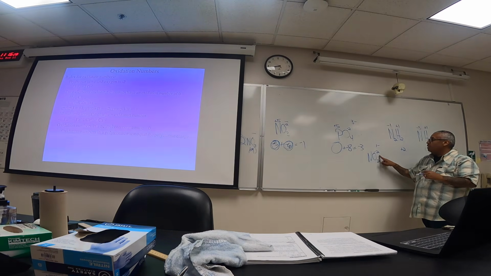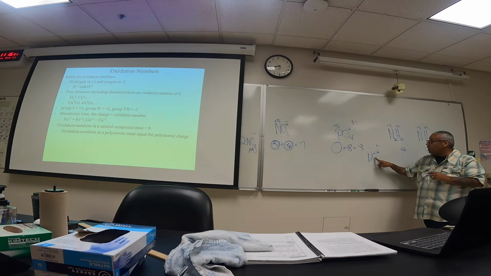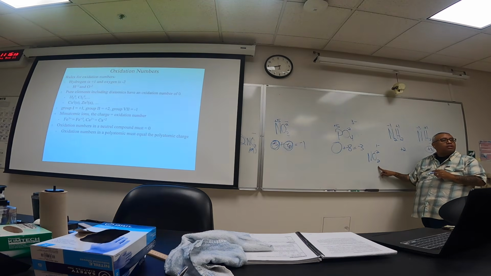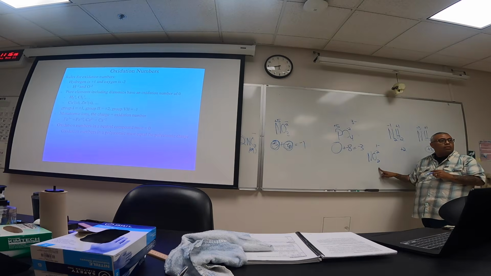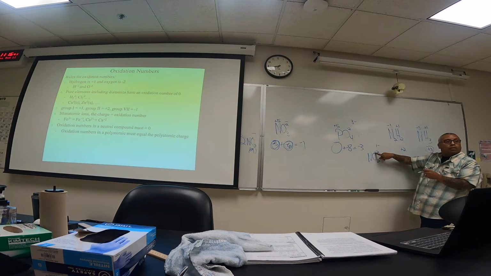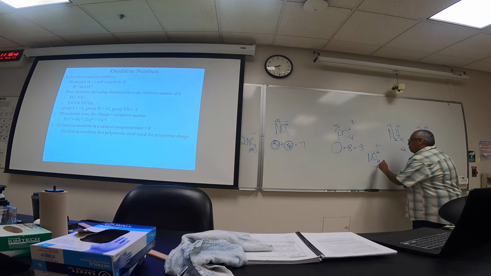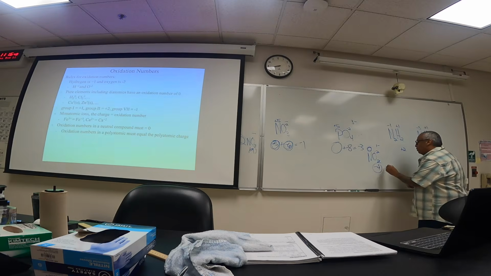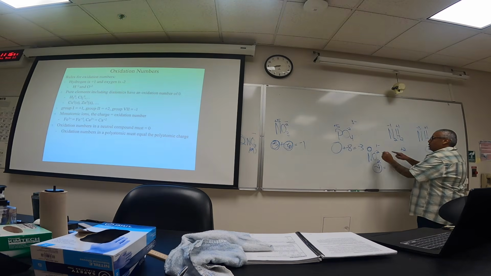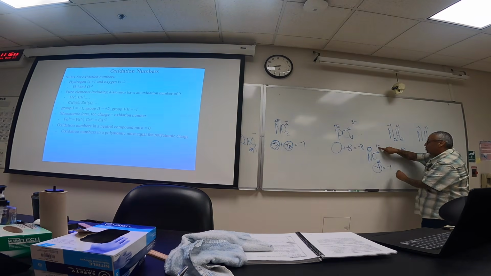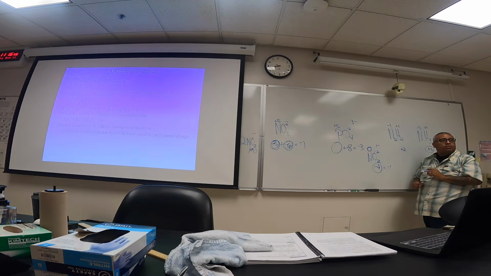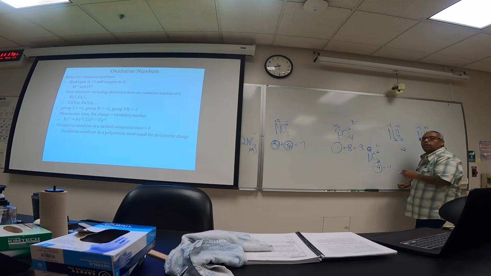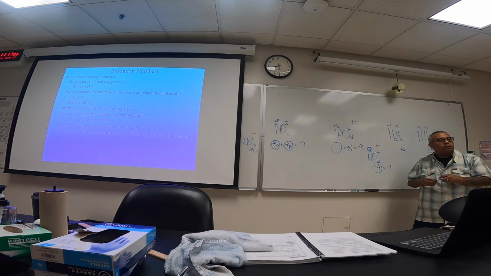If we know the oxidation number for oxygen is -2, and there's 2 oxygens, what's the total oxidation number? Not just 4, but -4. So it's -4. Now, whatever this is, plus -4 has to equal the charge. So what is the oxidation number for nitrogen? +3. Okay? Does that help a little bit?